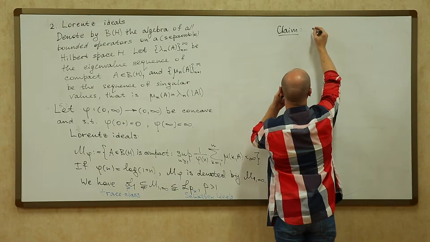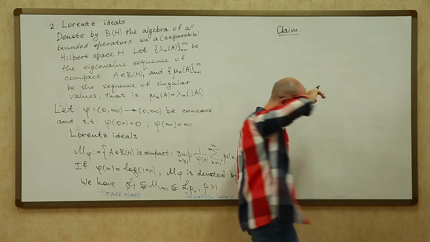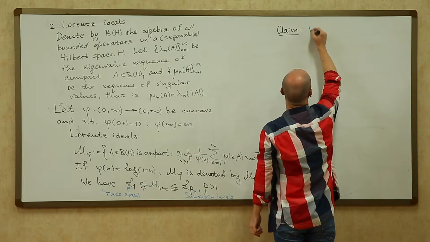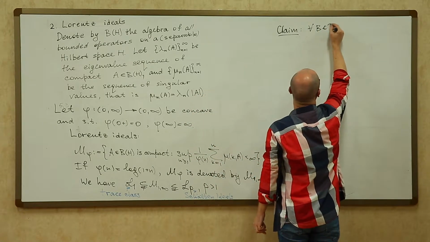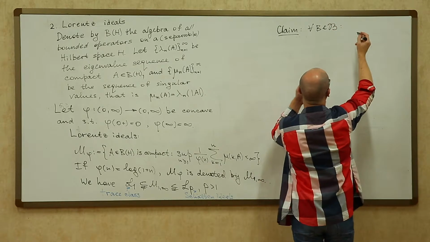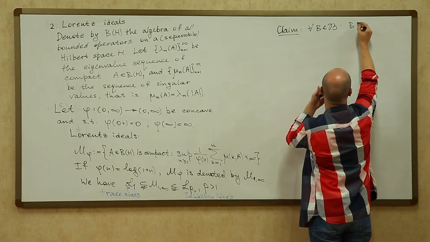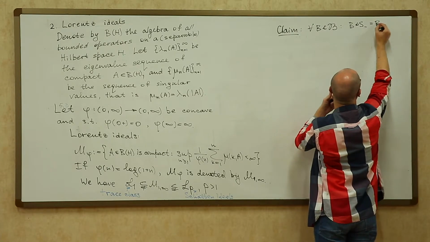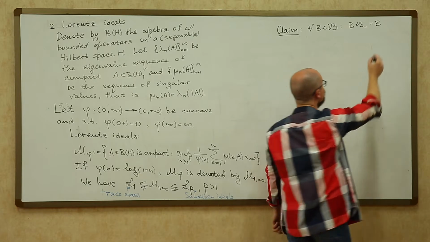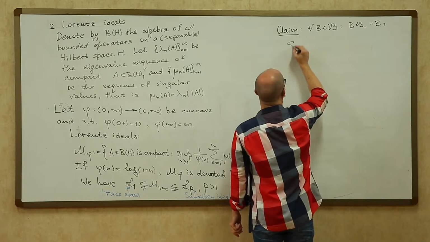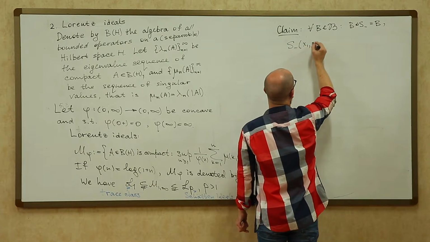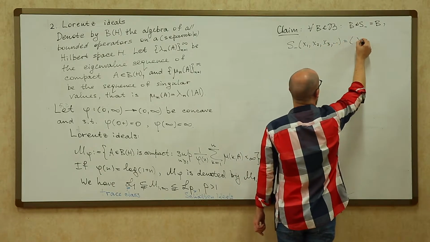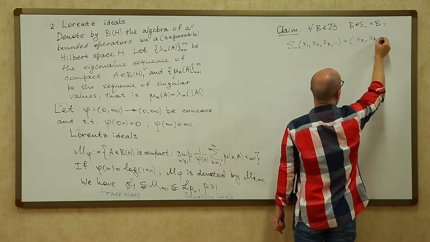For every Banach limit, we have that b composed with S minus equals b. So it's S minus invariant, where S minus of x1, x2, x3 equals x2, x3, and so on.